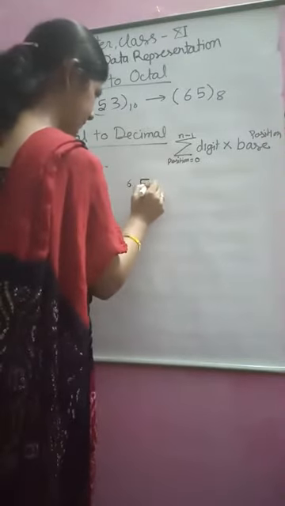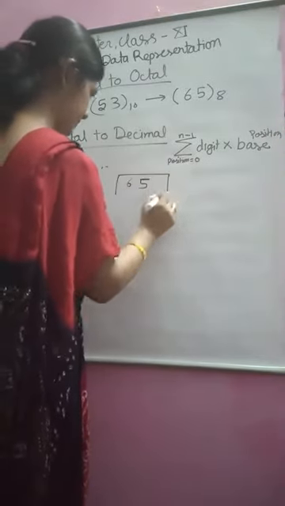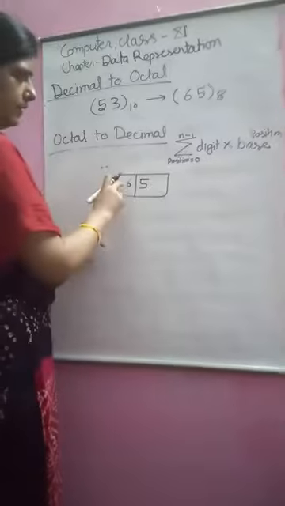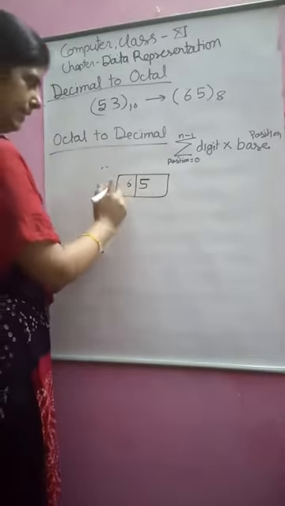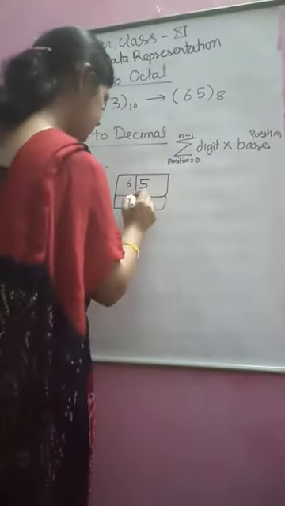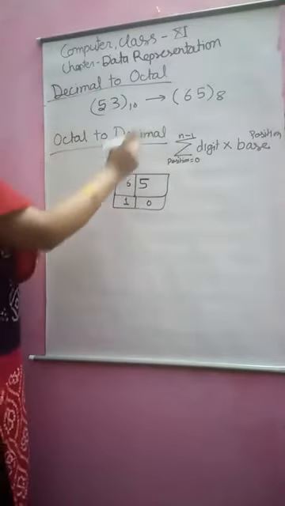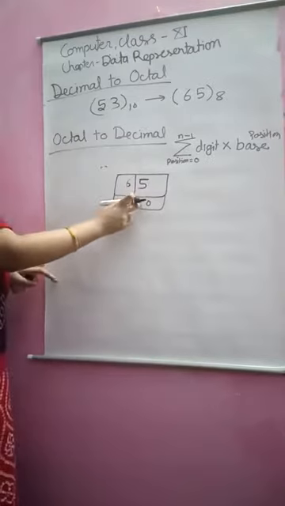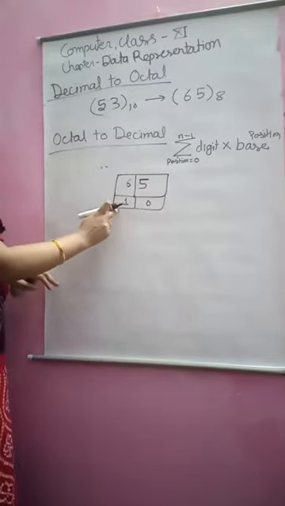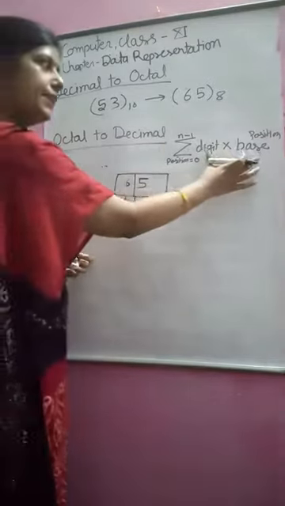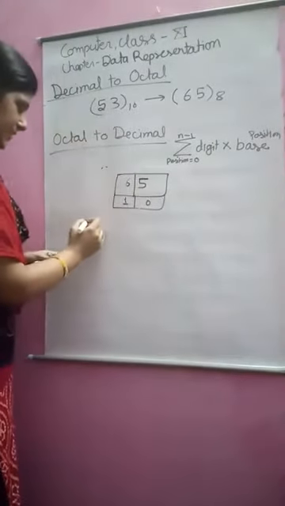65. The first digit and the second digit have position values 0 and 1. 65 is the number; this is the 0th position and the first position. Now take the weight of each digit.